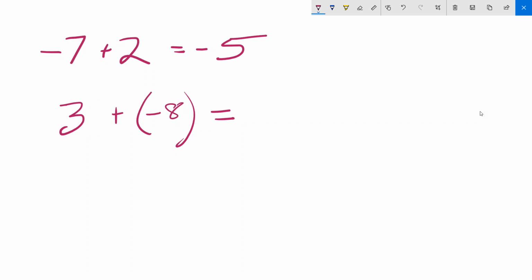So what are we going to do? We're going to subtract 3 from 8. Okay, what do you get? First, just subtract 3 from 8. You get 5. Now, which sign goes on it? Negative. Okay, let me do another one.